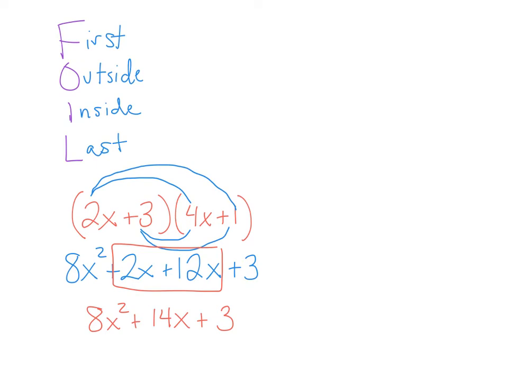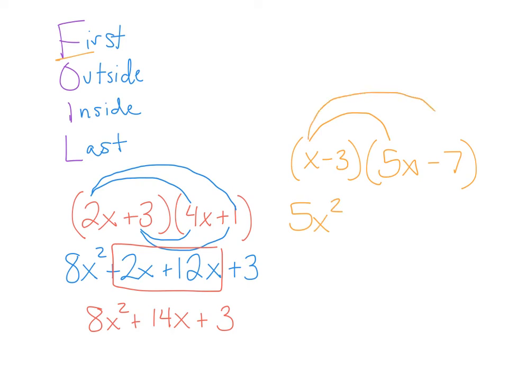Next up, let's look at another problem where we just do first, outside, inside, last. So x minus 3 times 5x minus 7. Same process. The first ones are right here. First times first, x times 5x is 5x squared.